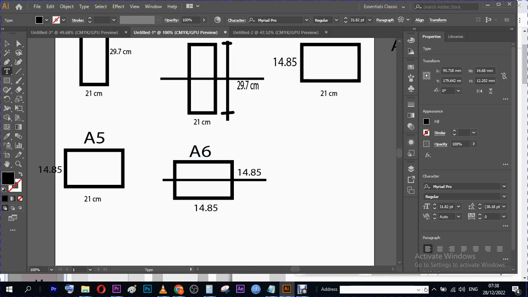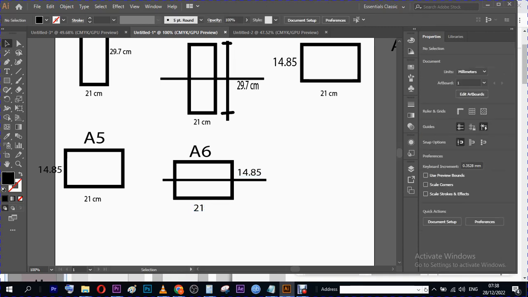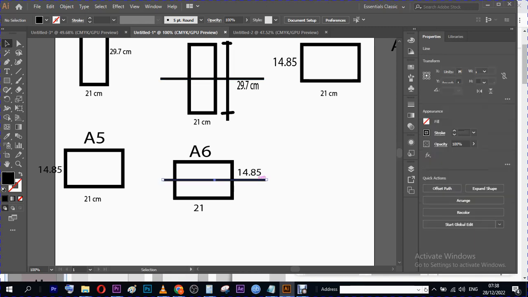So this is our 21 centimeters, and this is 14.85. We are to divide it in the middle, but now we don't divide it as we divided here, because when we are dividing a paper size, we divide alongside the height, so the longest side. So now we are going to be dividing it vertically.